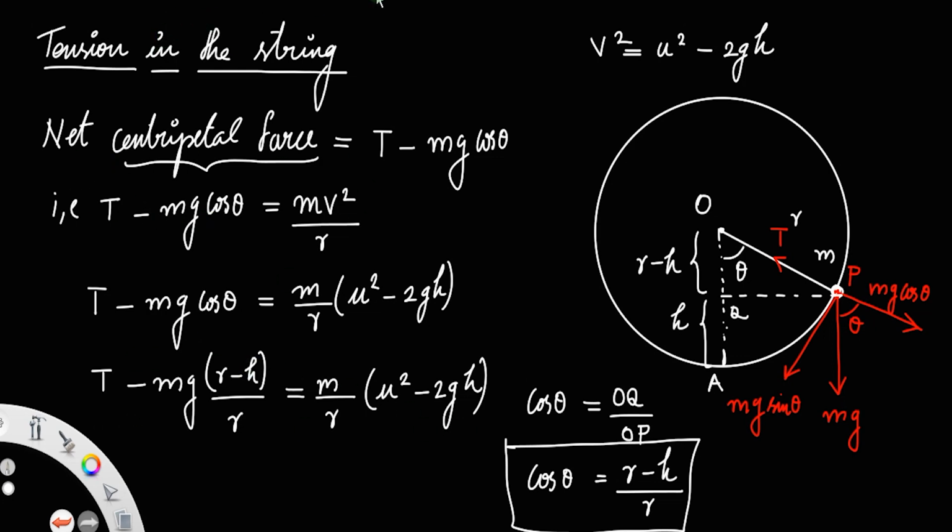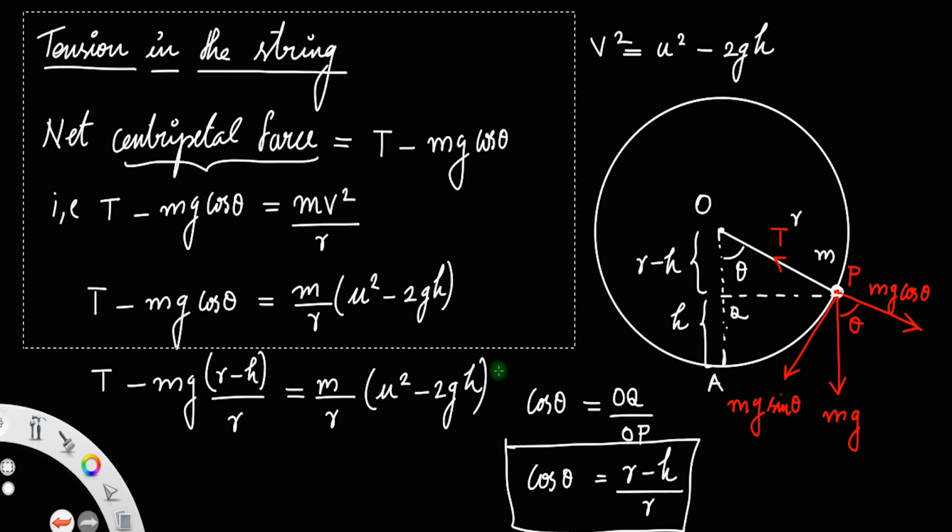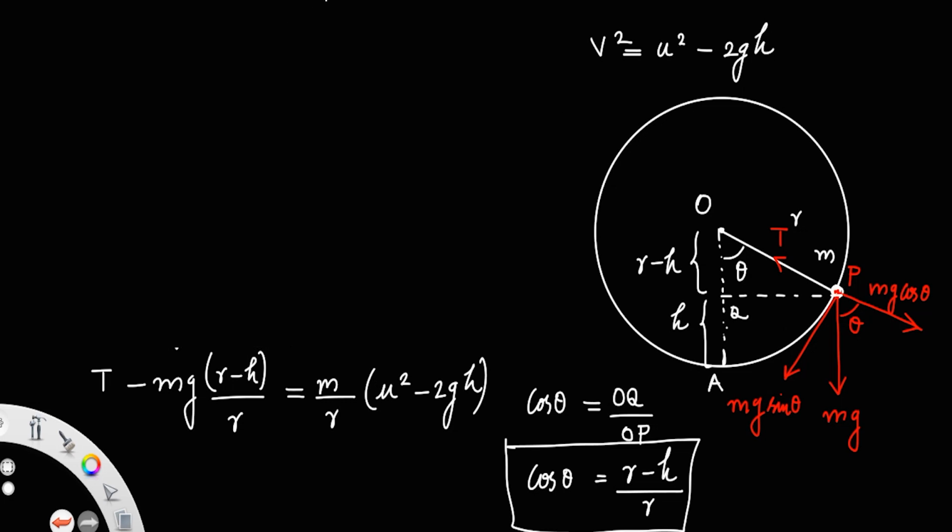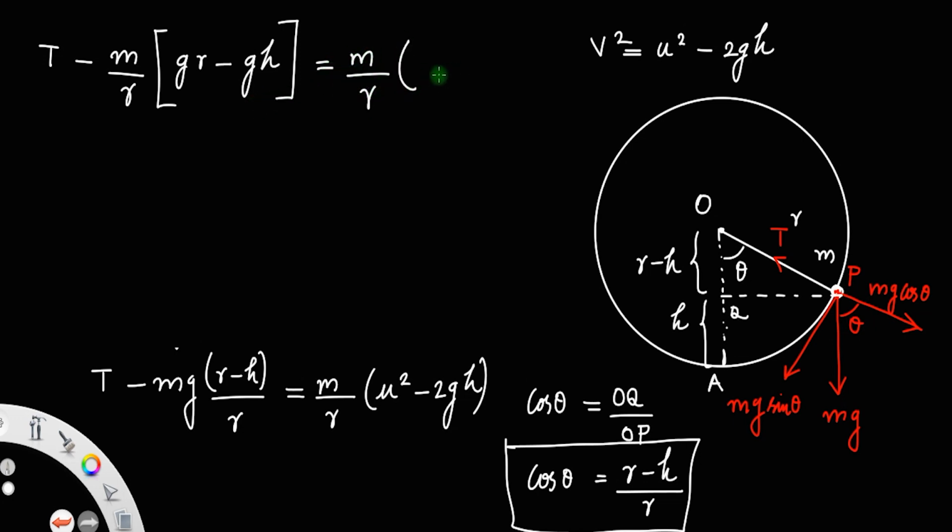It is T minus m by r, if you take m by r outside, and take this g inside, this will be (gr minus gh), equal to m by r into (u square minus 2gh).